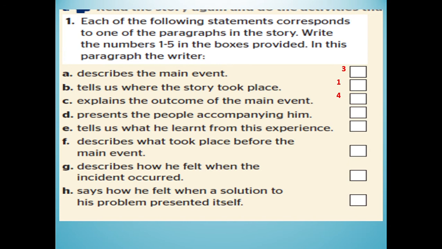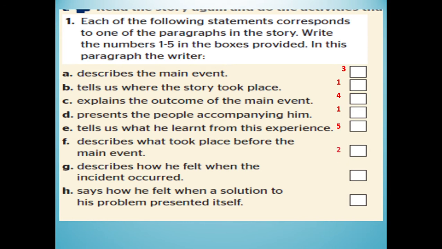D, which paragraph presents the people accompanying him? Of course, paragraph 1. Which paragraph tells us what he learned from his experience? Yes, great, in the end, paragraph 5. Which paragraph describes what took place before the main event, before the climax?